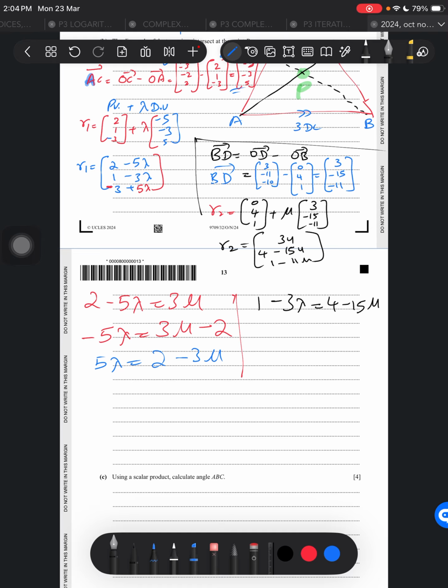And by this, if we want to get lambda, we need to have 3 lambda on this side minus 3 lambda. So you would have 4 minus 15 mu and the minus 1. So you'll have, like, change the signs. That would be simply lambda equal to, and I'm also dividing it.